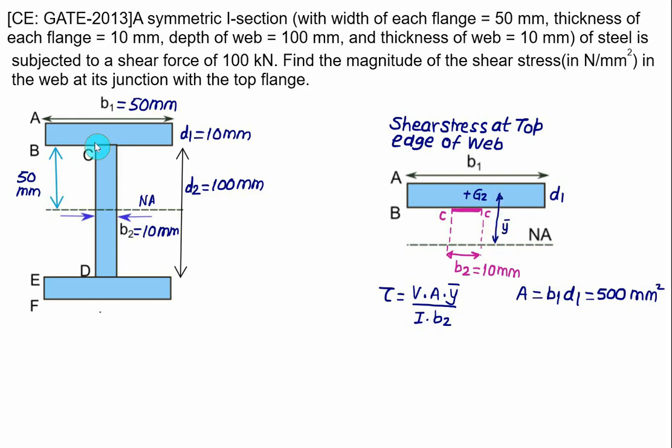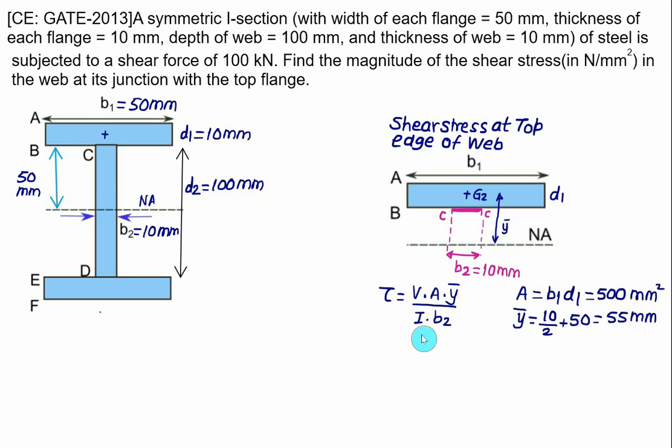So this centroid you have to locate here. That centroid will be at a distance equal to 5 plus 50. So in this case, Y bar will be equal to 10 divided by 2 plus D2 by 2, that is same as 50. So you will get Y bar equal to 55 mm.